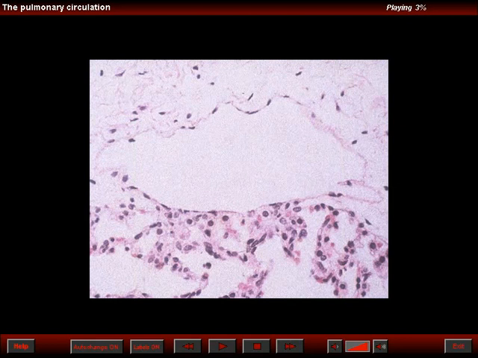This is a histological section of the lung showing dilated pulmonary lymphatics. What usually happens is that the drainage of the lungs is towards the pulmonary veins or via the lymphatics.